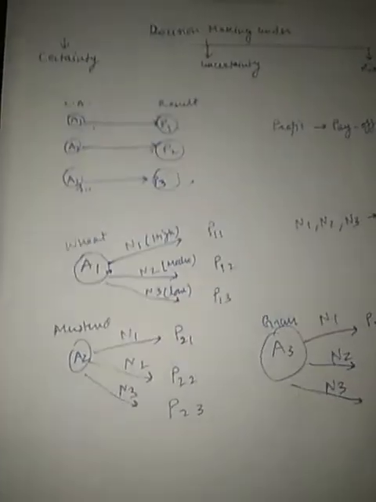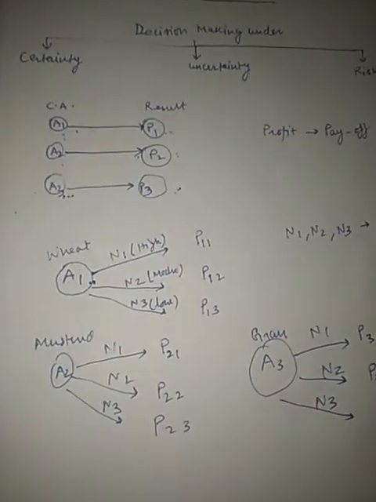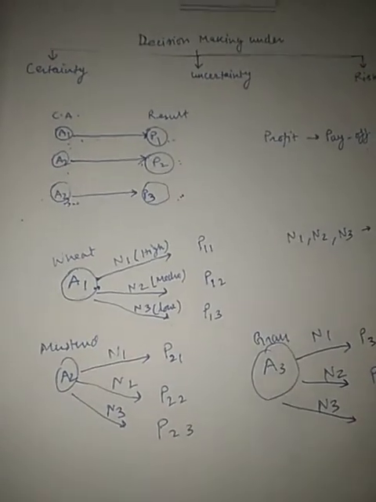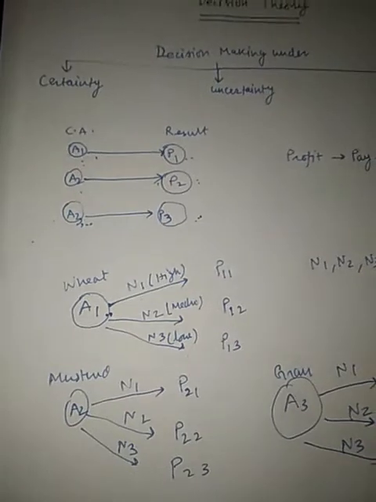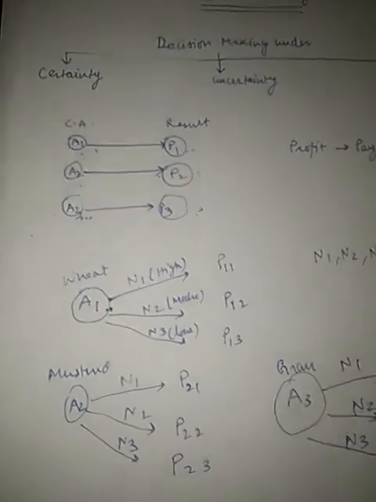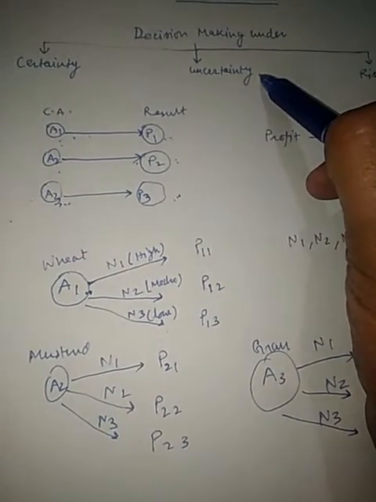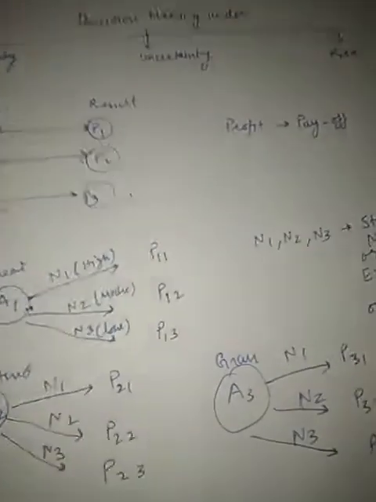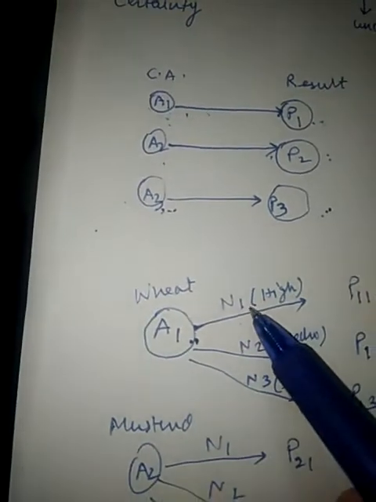So we have a situation where a course of action combined with a particular state of nature is producing a payoff, and how we should take a decision in that situation is known as decision making under uncertainty.